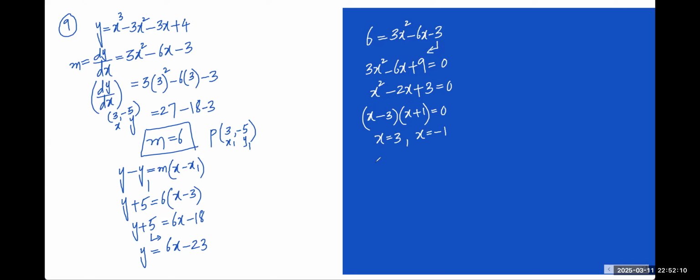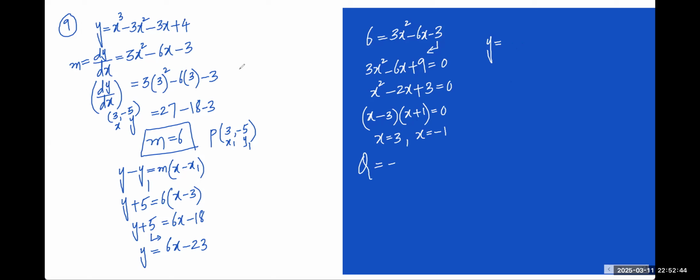So the coordinates of Q, if you simply put here in place of x 3, what answer will we get for y? Let us check it. y is equal to 18 minus 23, so minus 5. Sorry, that was wrong.